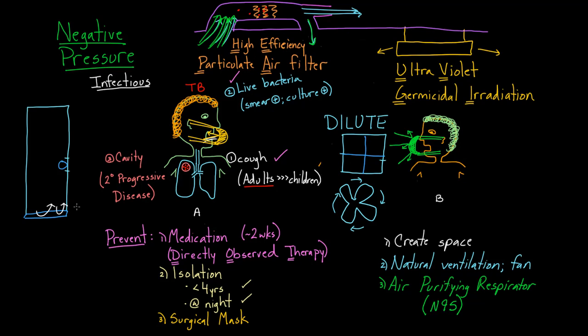So that's another key trick that they use to prevent TB from spreading: they'll create a negative pressure where they pump air out, which is what we showed here, and then they'll seal off the whole room, and then the air from the hallway starts entering the room, and you can make sure that no TB particles are going to get out into the hallway and get people in the hallway sick.